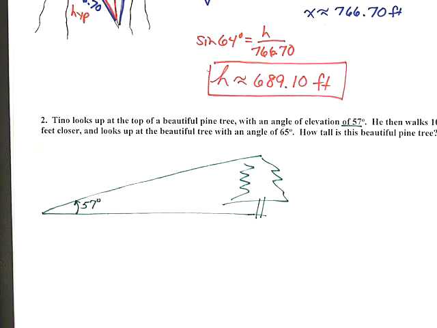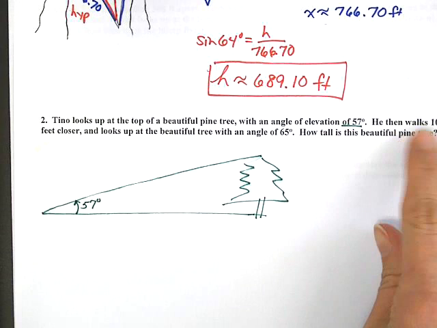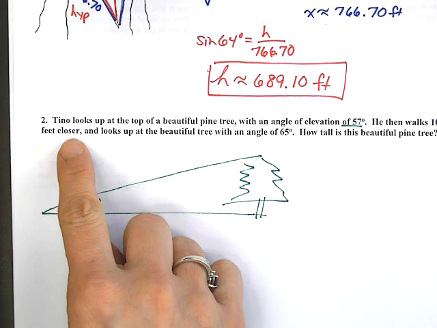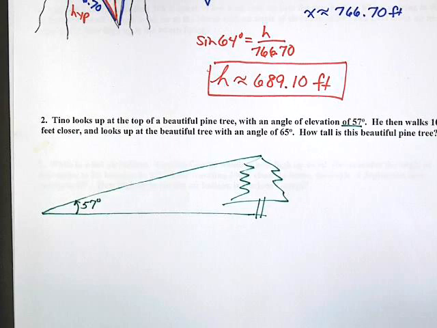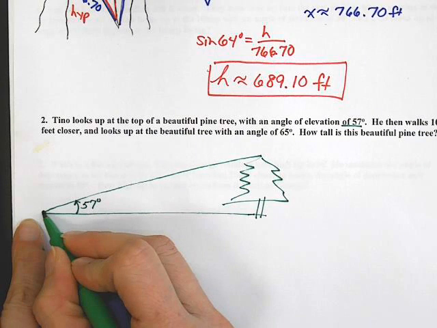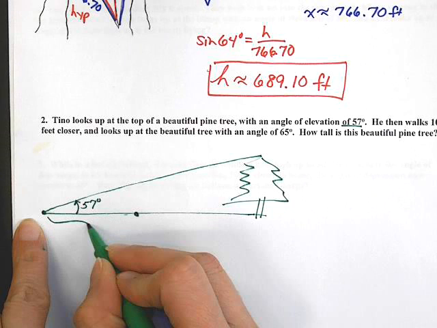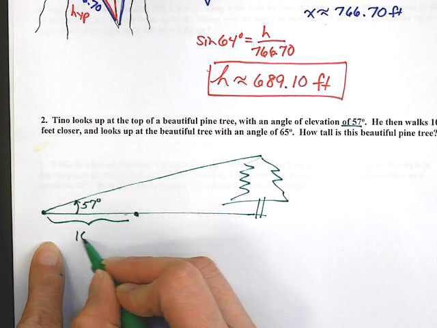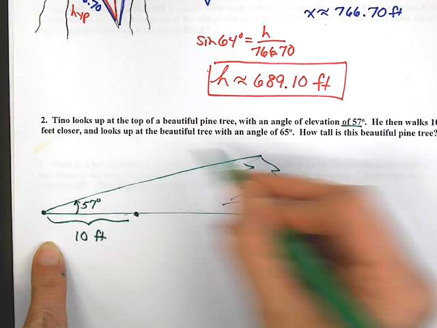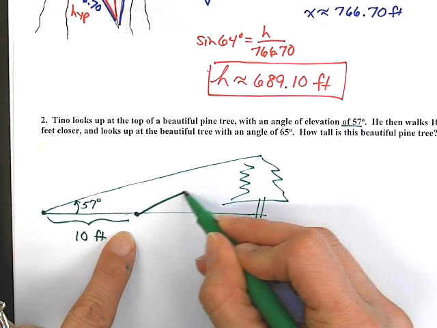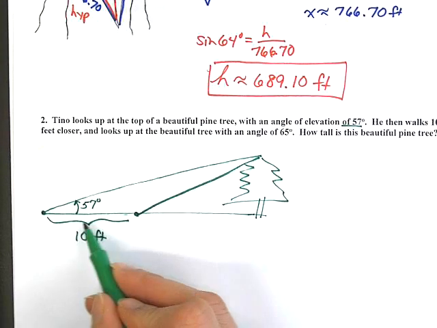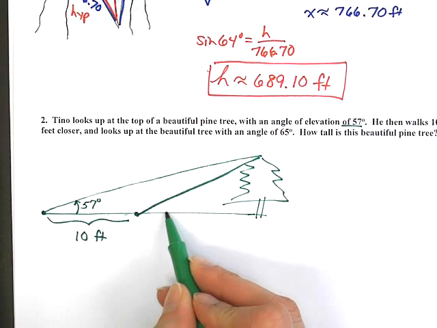Okay. He then walks 10 feet closer and looks up at the beautiful pine tree. So this is where he started. He walks, so this distance right here is 10 feet closer. Remember when you go to the show and you sit closer, like in row 1, you gotta really crank your head up.